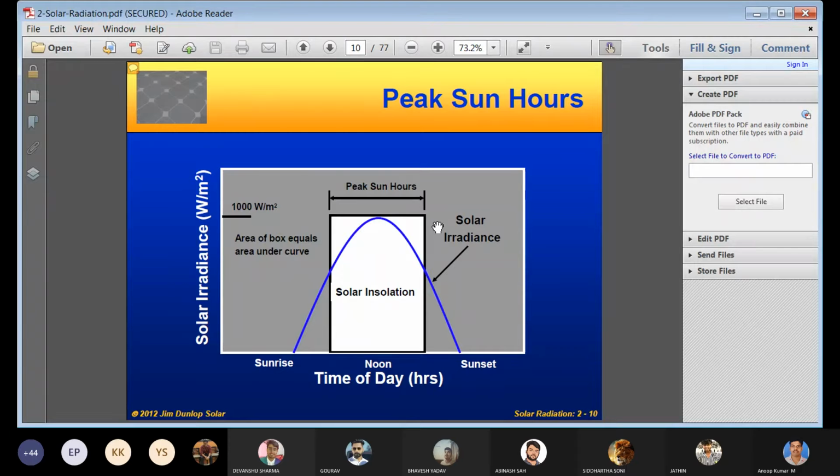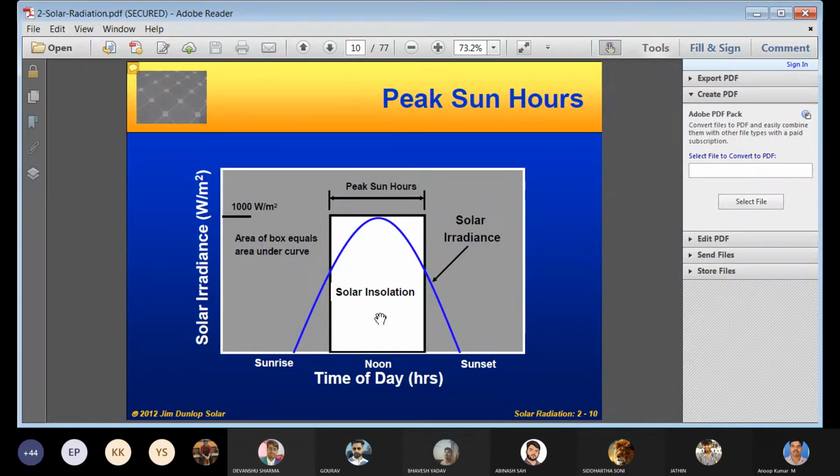It may be theoretically at noon only, but we can express it as available for maybe 3 hours, from 11 a.m. to 3 p.m. The other areas are 0, but we have got a square. That is called solar installation, peak sun hour, right?